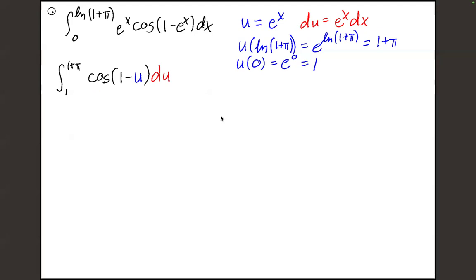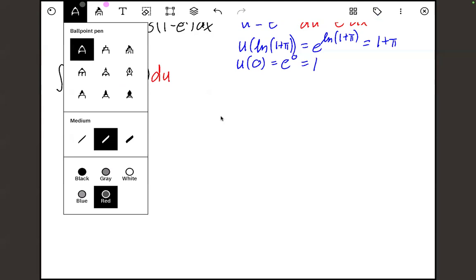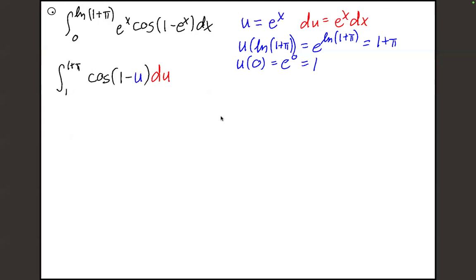But what is the way forward is now I can actually do another substitution, right? Where I want this to just become one value. I would love to have a cosine of something, because I know that antiderivative. So I'm going to do another substitution, and I'm going to call this one W, let's say.